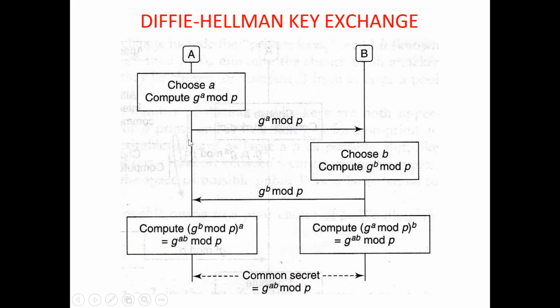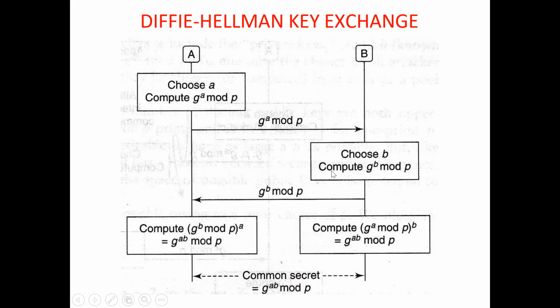Now you send the value G raised to a mod P to the receiver B. The value of G raised to a mod P is called the partial key. Similarly, B will choose its own random number, small b.